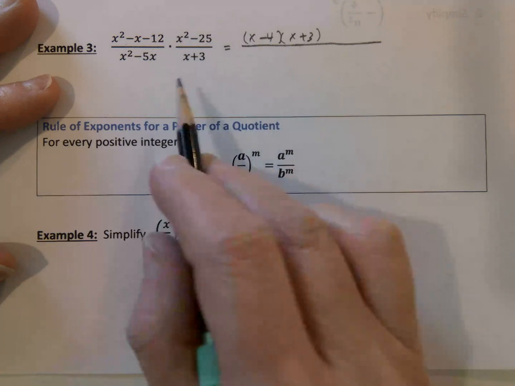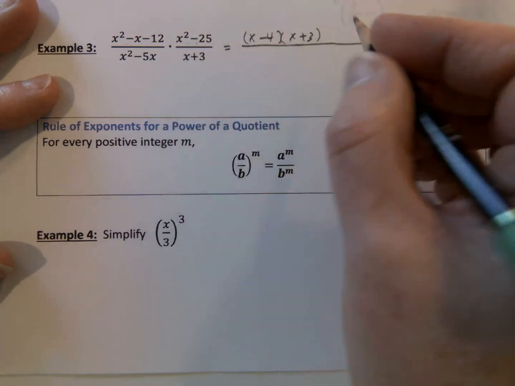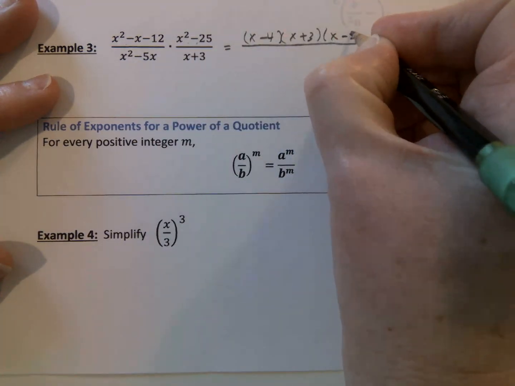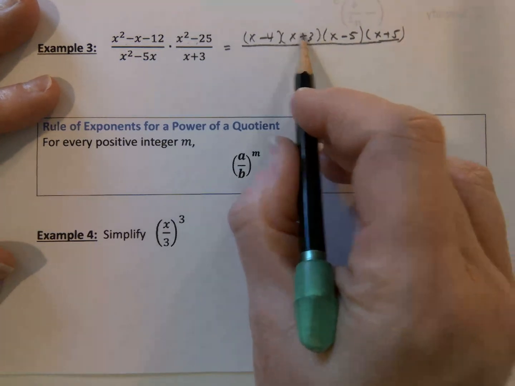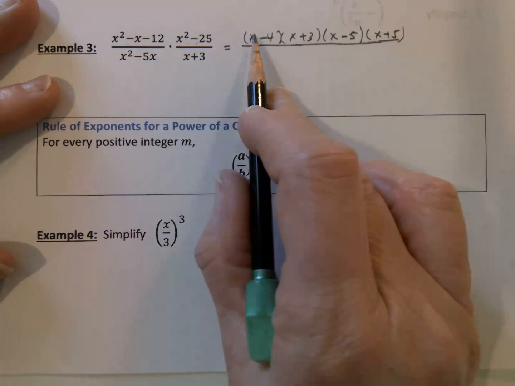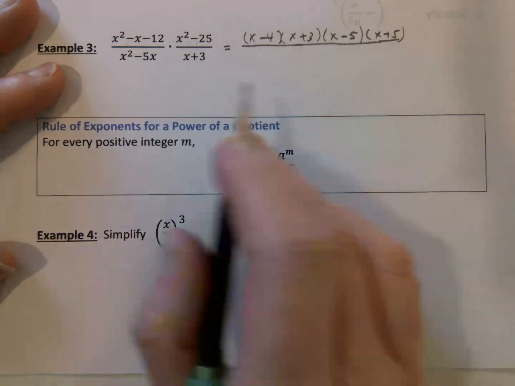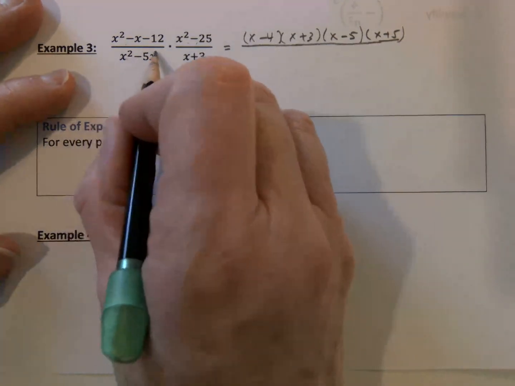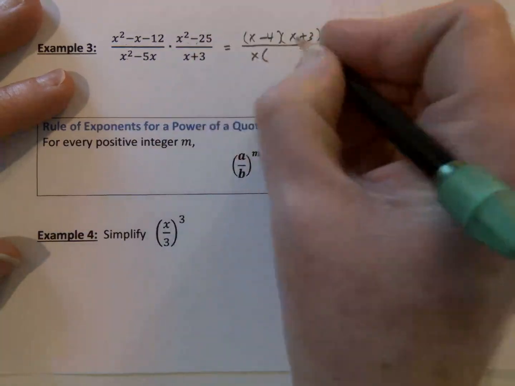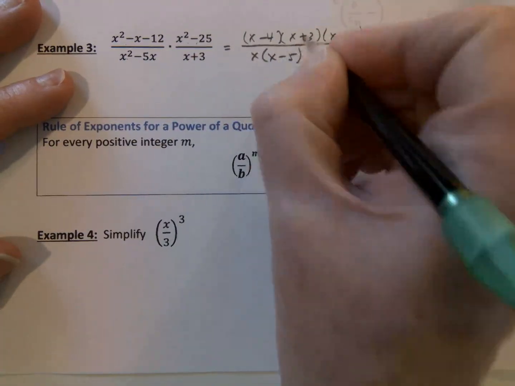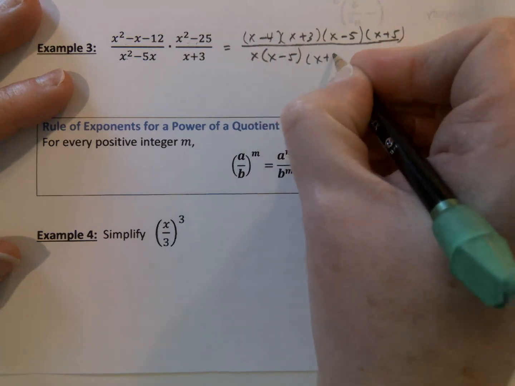You can do an x box, I'm just doing it in my head. x squared minus 25 is the difference of two squares, so I'll have x minus 5 and x plus 5. I don't need to put the multiplication sign in between because the parentheses indicate they're being multiplied. Here I can factor out a greatest common factor of x, and I'm left with x minus 5. And here I just have x plus 3.